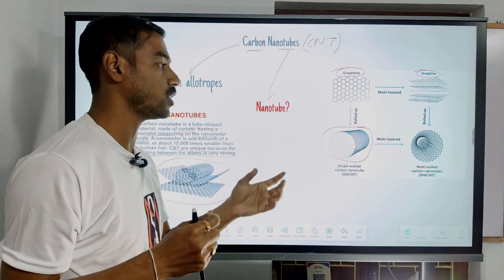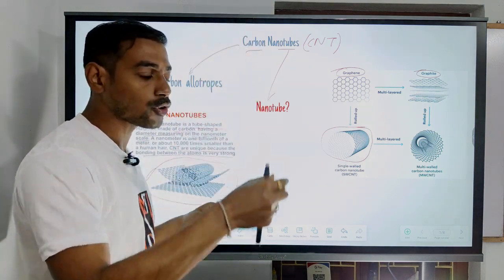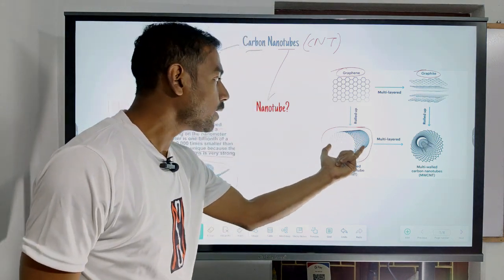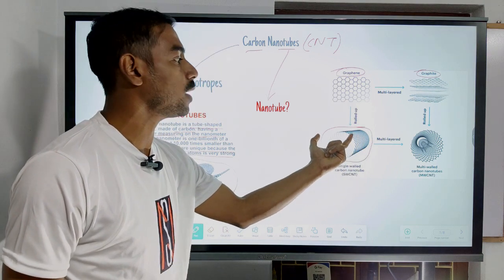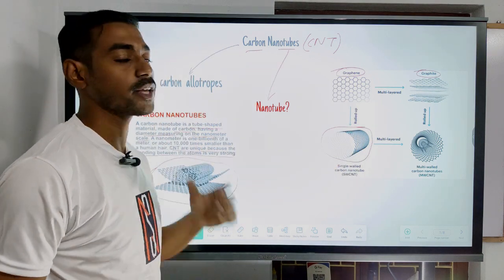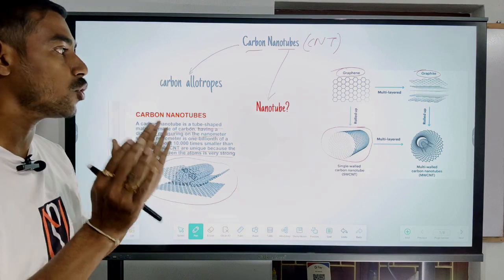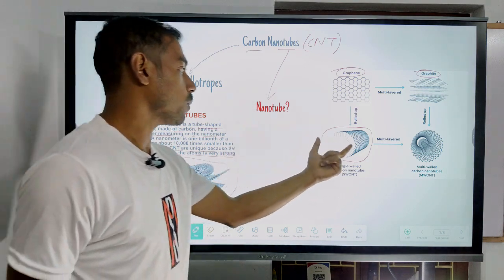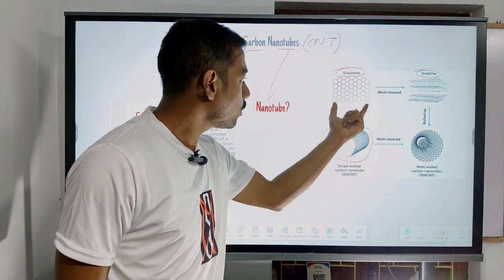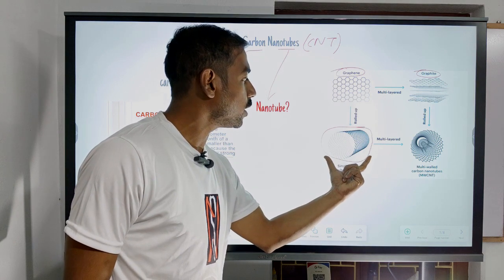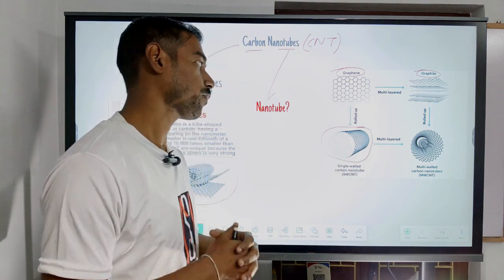Mostly all of you have seen the straw, the hollow tube shaped cylindrical form. That is basically the simple carbon nanotube structure. If the graphene sheet is rolled up, it will end up in a structure like this.